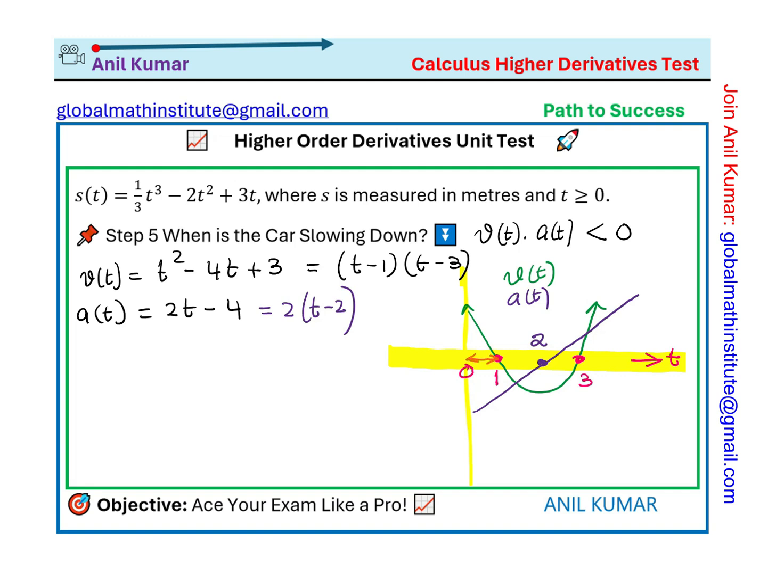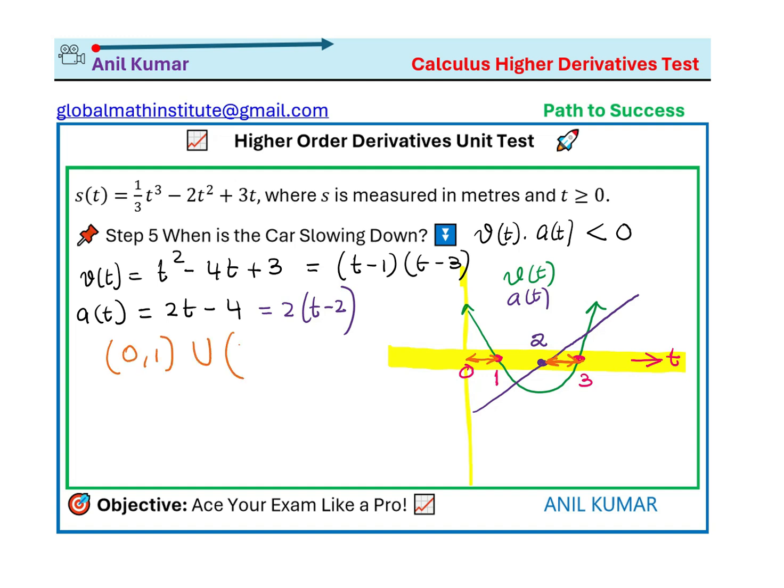And from 2 to 3. So you can see acceleration and velocity have opposite signs when t is from 0 to 1 and when it is from 2 to 3. Make sense? So from the graph, it is absolutely clear.